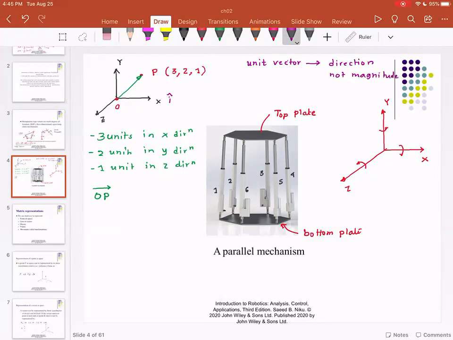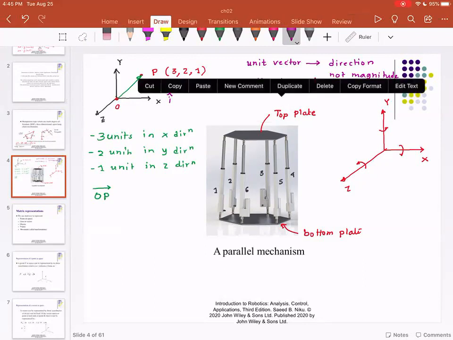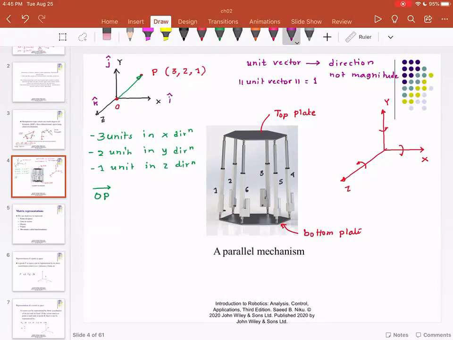Because the magnitude of the unit vector, as the word says, is unity. So the magnitude of the unit vector is 1. So I need to travel 3 i units. Then in y direction, I have j, and in z direction, I have k.